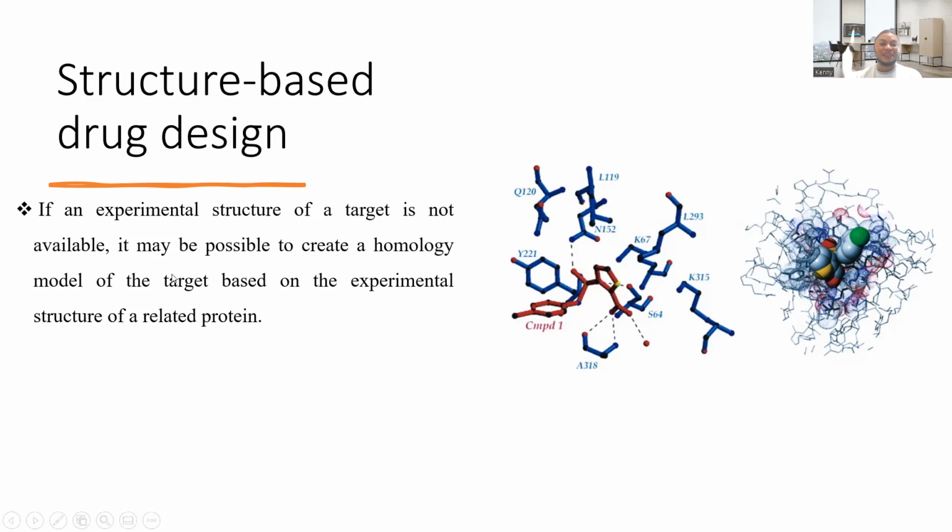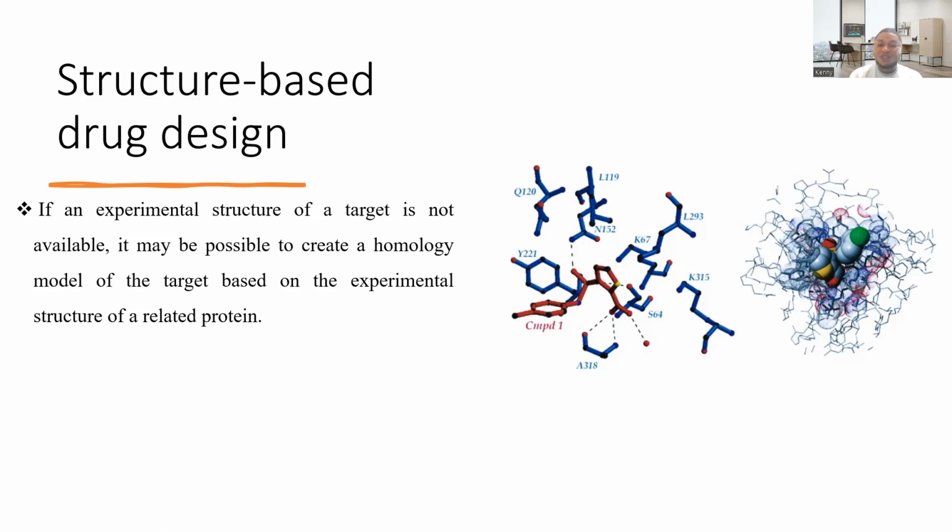In fact, I even have it here. If an experimental structure of a target is not available, it may be possible to create a homology model of the target based on the experimental structure of a related protein.